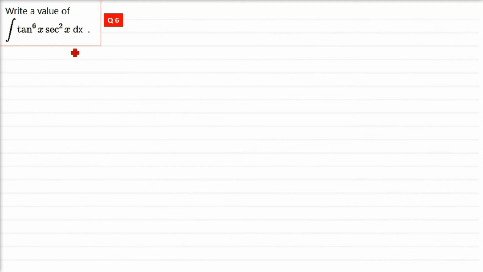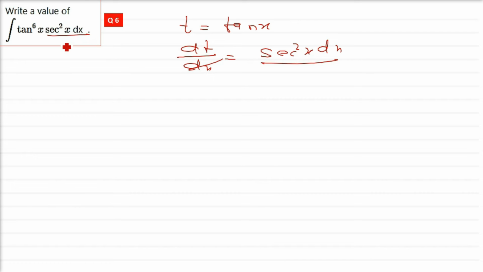Now we have just done a question like this, and I pointed out that this question is going to come again. So the same thing we are going to do here. We just put t equals tan x. Then we differentiate, dt by dx. That will give you sec square x dx. That is, dx I am taking to the right hand side. So this whole sec square x dx is simply dt. tan raised 6 x is simply t raised 6, because t was taken as tan x. So it will be simply t raised 6.